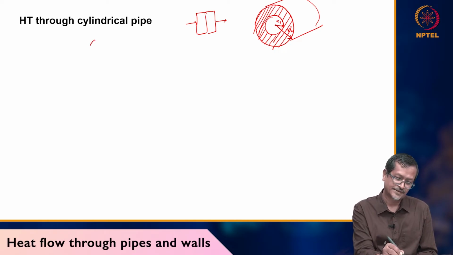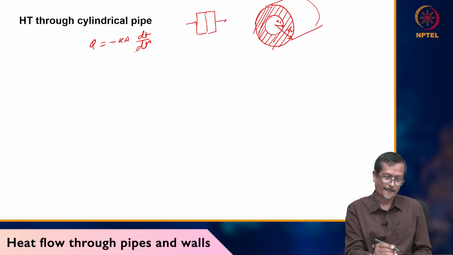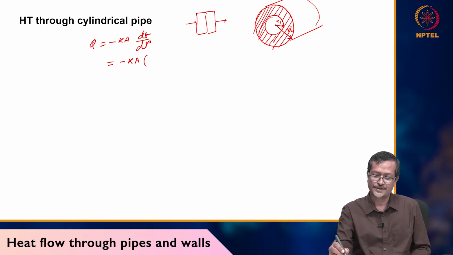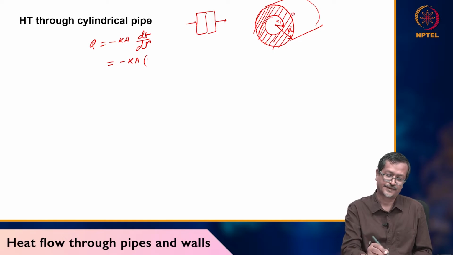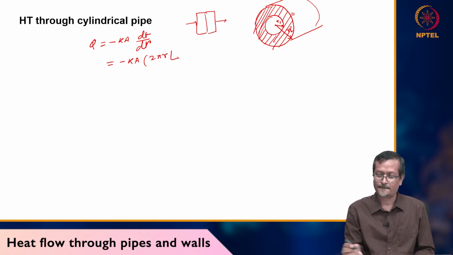Here the formula is Q equals minus K A dT by dr. You have to take the differential form because your area is changing. Equals minus K A, where A means area. Which area? This surface area, so 2 pi r, where 2 pi r is your perimeter, into L.